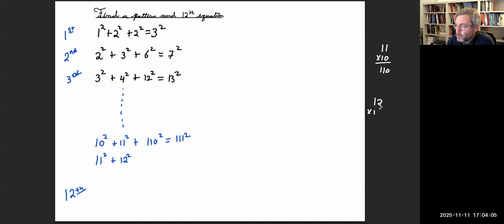I think that's 131. It's 12, 120, 2, 3, 1. 133 squared. Okay. Do you agree with that? If you agree with that, we're almost there, I think. Then I'd be at 12.